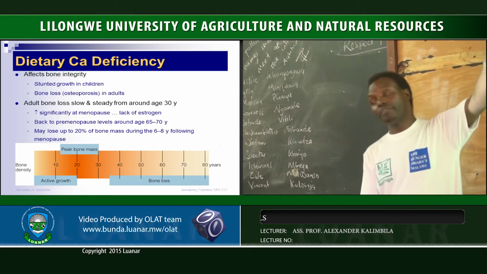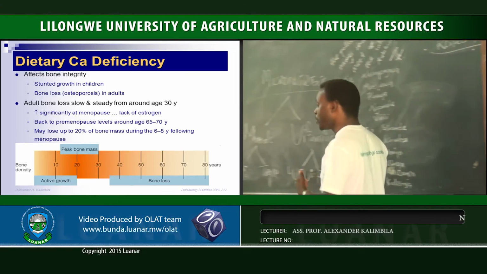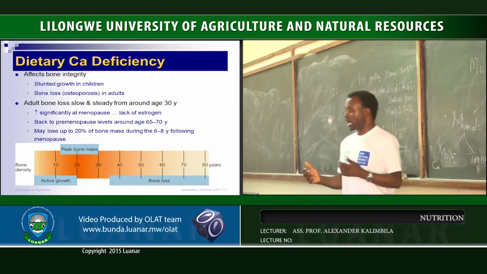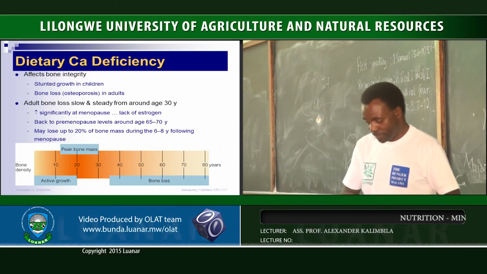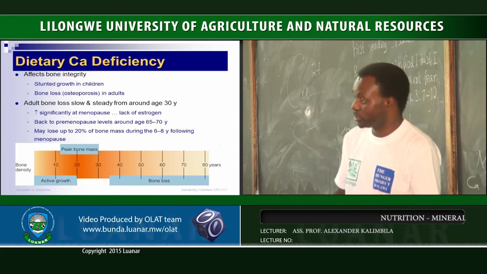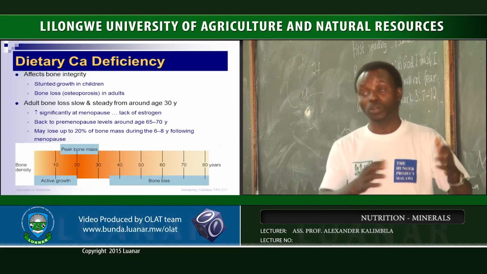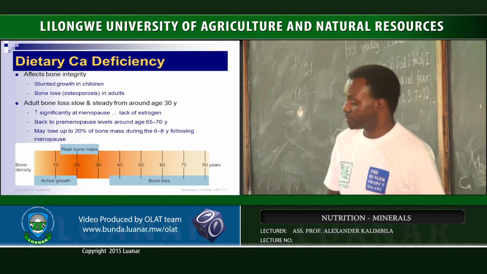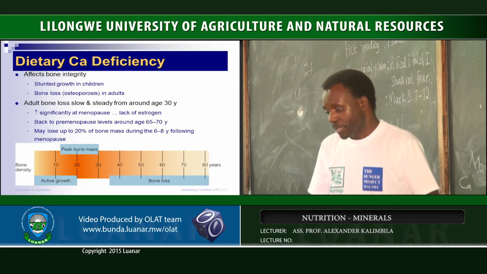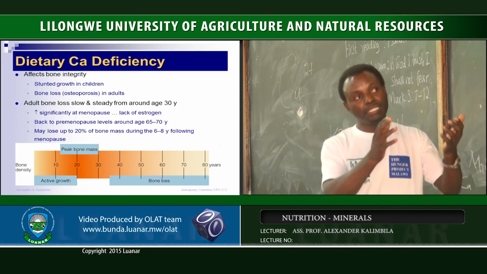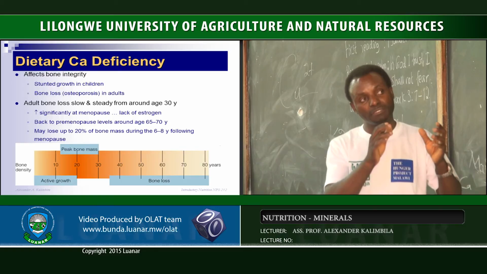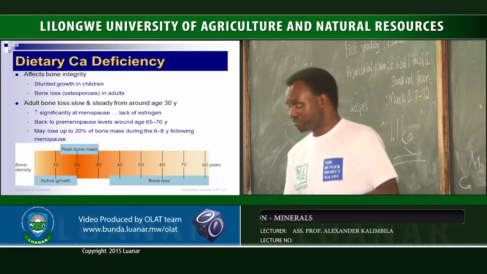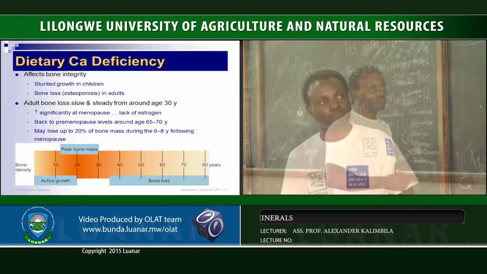In women, it significantly increases at menopause, and the reason is that the hormone estrogen diminishes at menopause. And that's the cause of menopause. And therefore, bone loss in women at menopause just nosedives. And then it returns back from the nosedive 6 to 8 years after menopause.